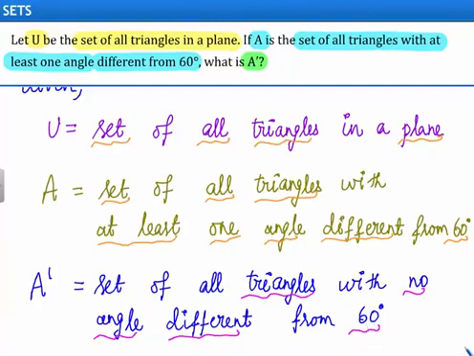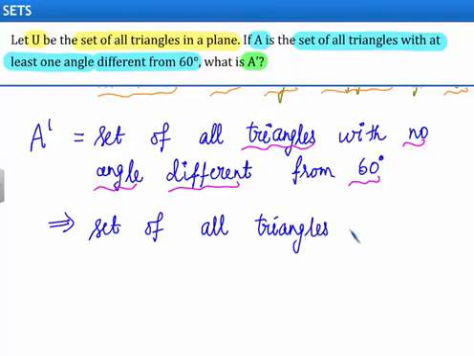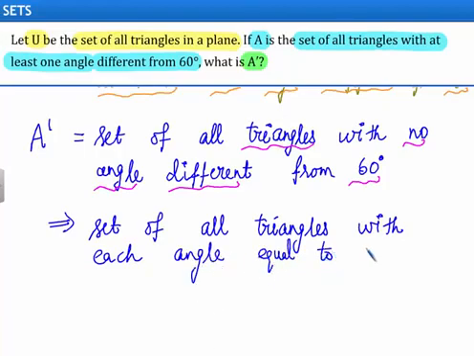We can write this as set of all triangles with each angle equal to 60 degrees.